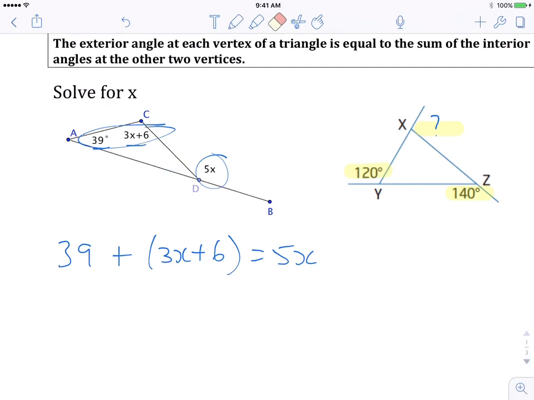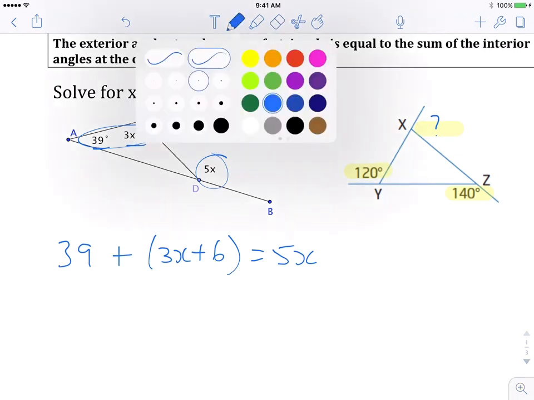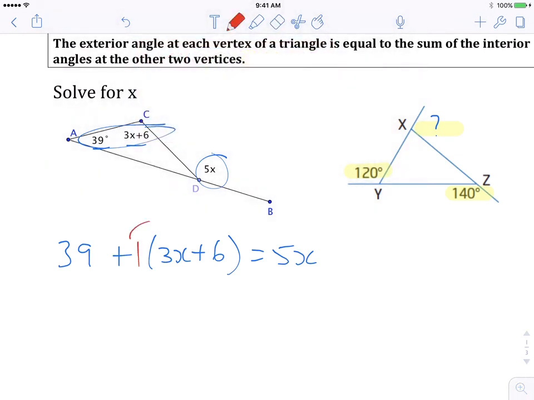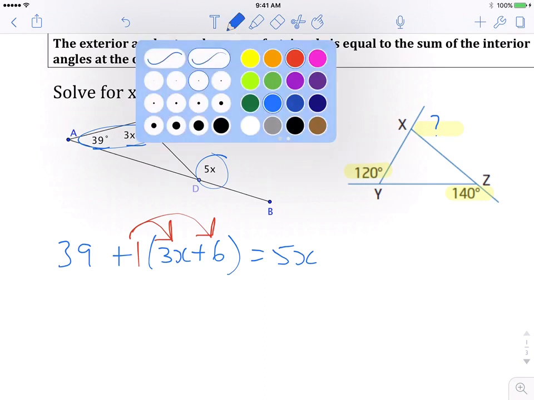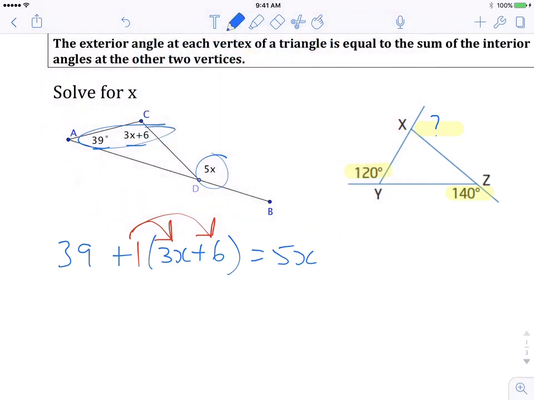So let's write that in an equation. 39 plus 3x plus 6 equal 5x. Keep in mind that there's an imaginary positive 1 here. If I distribute it, I get 1 times 3x, which is 3x, and 1 times 6, which is 6. So we don't need to write the 1 there, but we do.